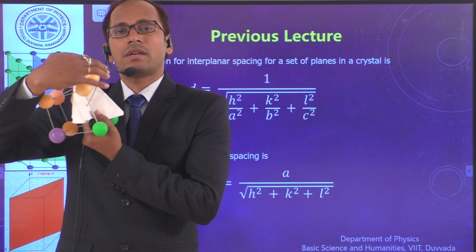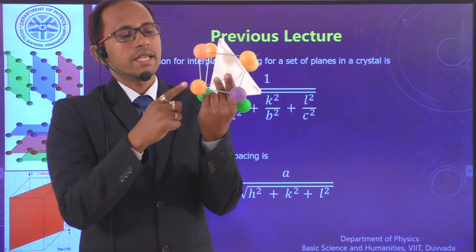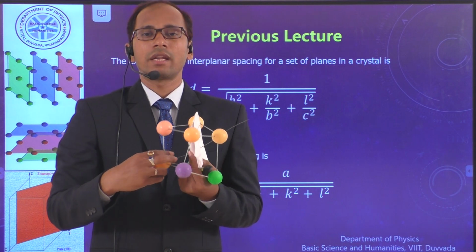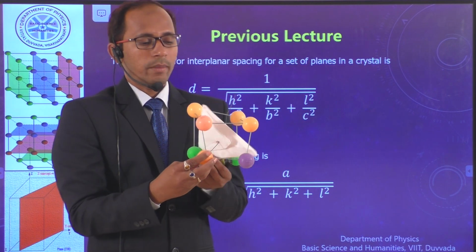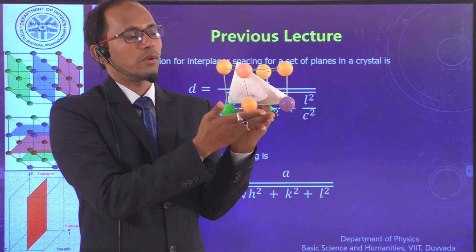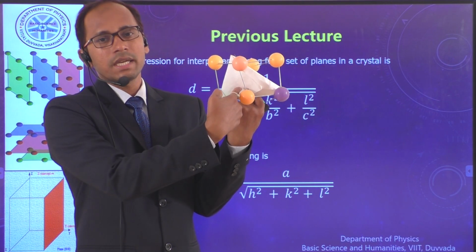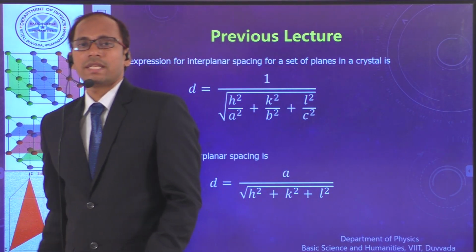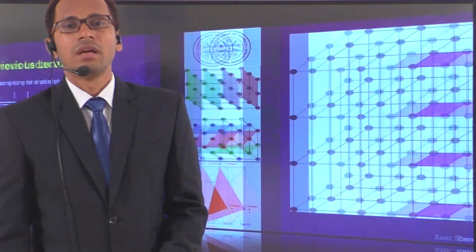The distance from this plane to this plane, that we have taken as d, the interplanar spacing, because we imagine this type of parallel planes exist inside a crystal. This is one plane, this is another plane, and this normal distance is the interplanar spacing. That is what we discussed in the previous lecture.